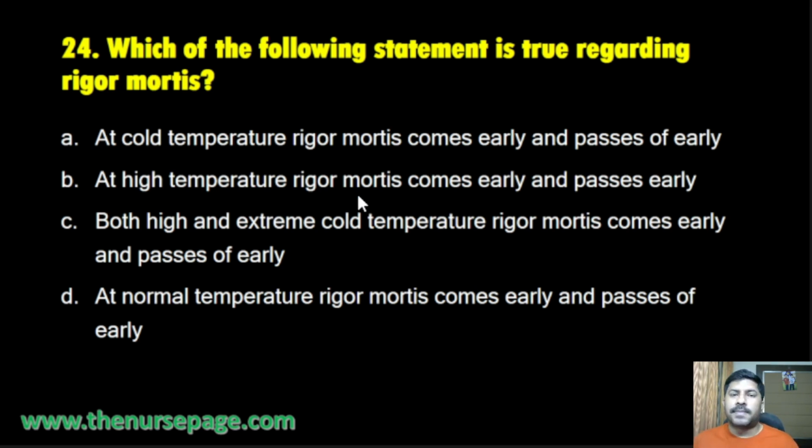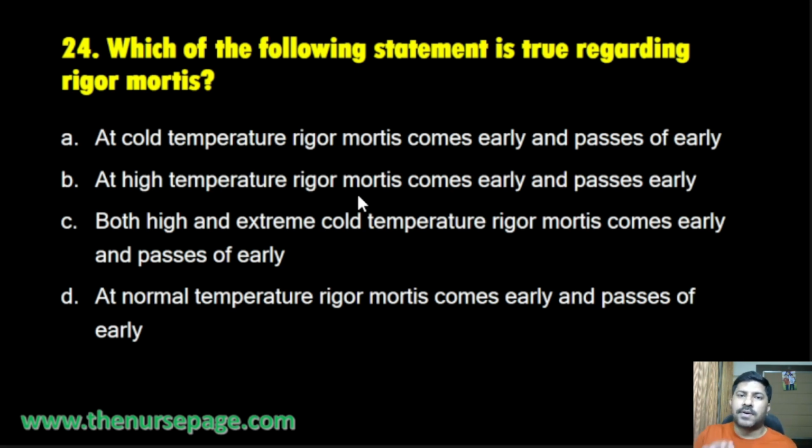Some situations will influence rigor mortis. One of the main things is temperature. High temperature increases the speed of rigor mortis, and if rigor mortis occurs fast, it will go off fast also.